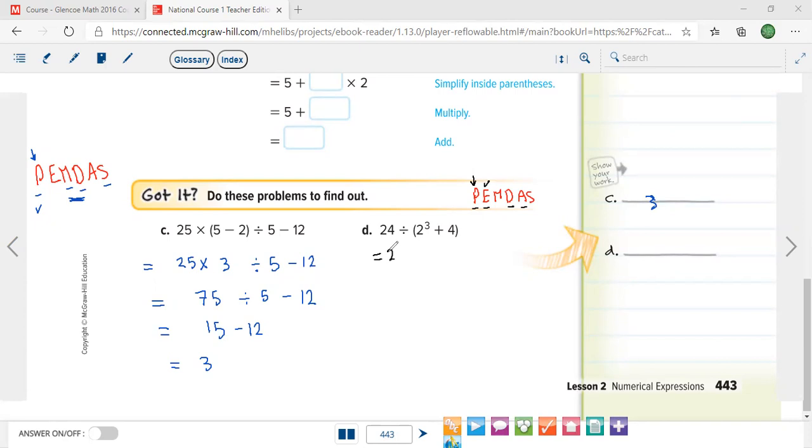So here 24 is divided by 2 to the power of 3 will give you 2 times 2 times 2. 2 times 2 times 2, this is 8. Then plus 4. Now this is 24 is divided by 8 plus 4 will give you 12. And 24 divided by 12 will give you 2. Final answer is 2.